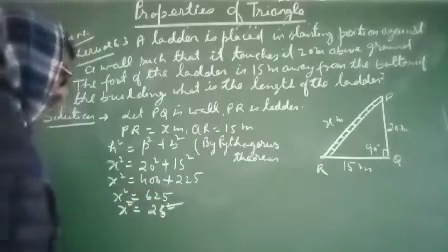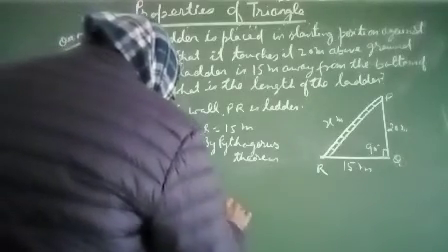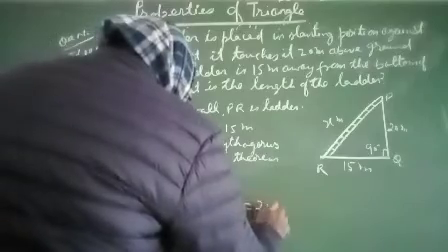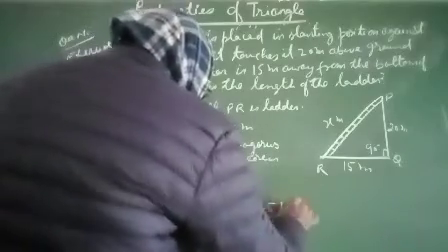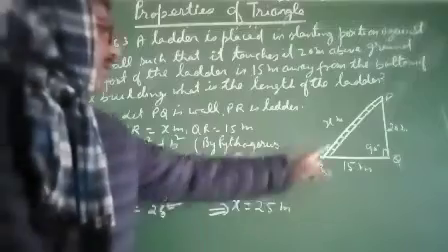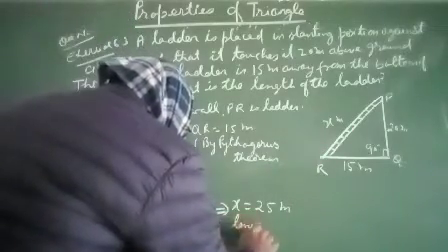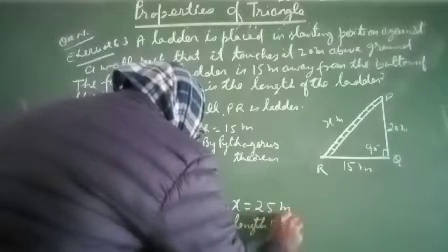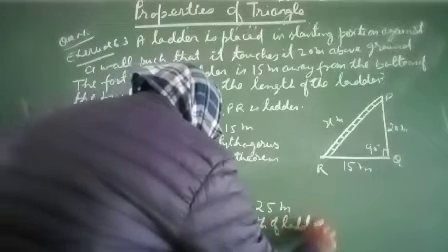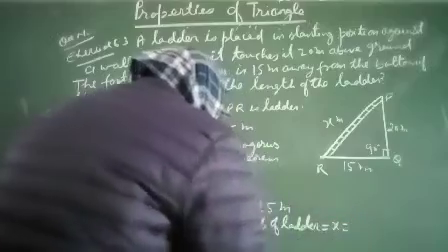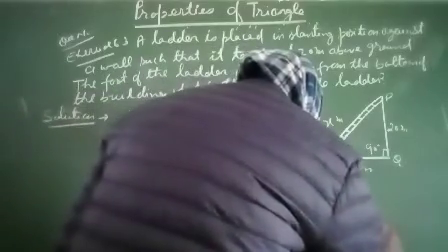Square and square will cancel. Therefore x equal 25 meter. So the length of the ladder will be 25 meter.